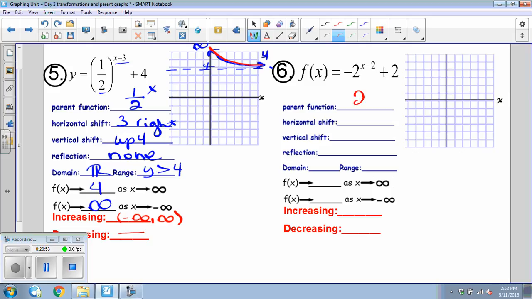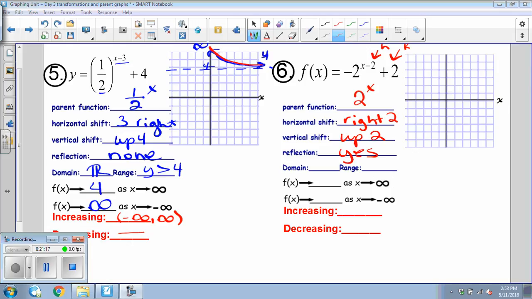For number 6, my parent function is 2 to the x. The horizontal shift is to the right 2. My vertical shift is up 2. Is it reflected? Yes. So now we'll graph it. Okay.